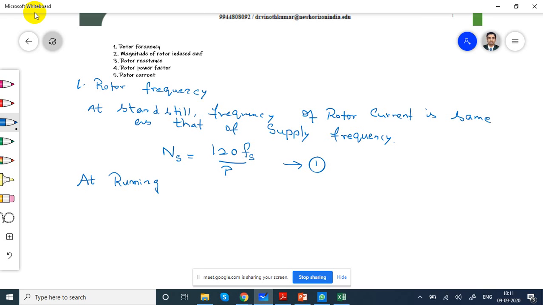The second case is at running condition. First one is at standstill, second one is at running condition. At running condition, what happens?